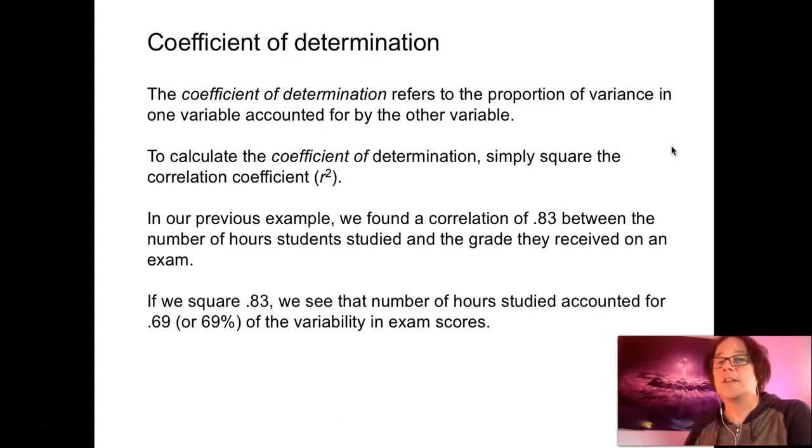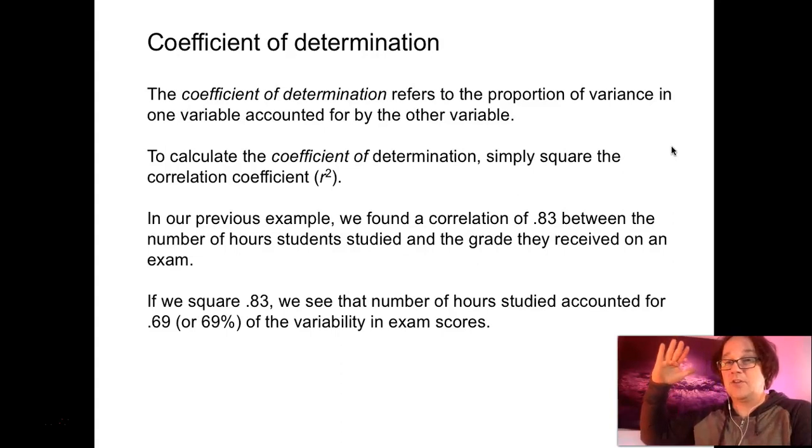So what's explaining the other 31%? I don't know. Who knows, right? We didn't look at any other variables. We only looked at number of hours studied, and how much students are studying accounts for about 69% of those exam scores.